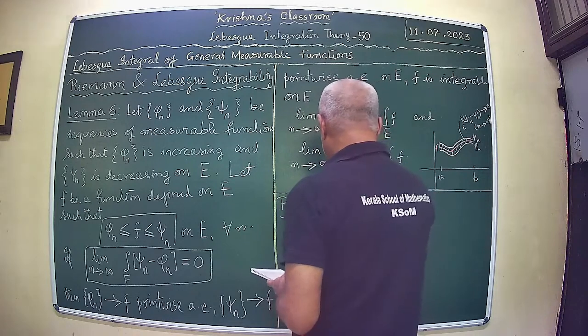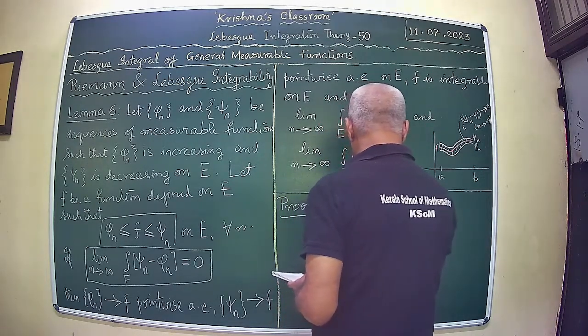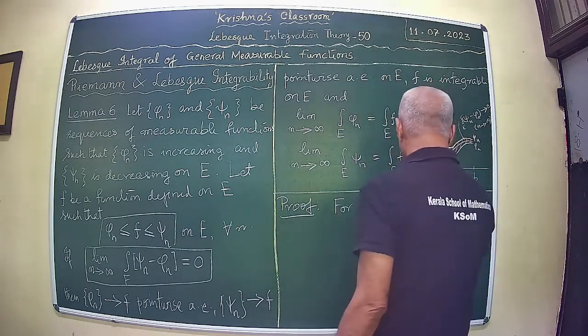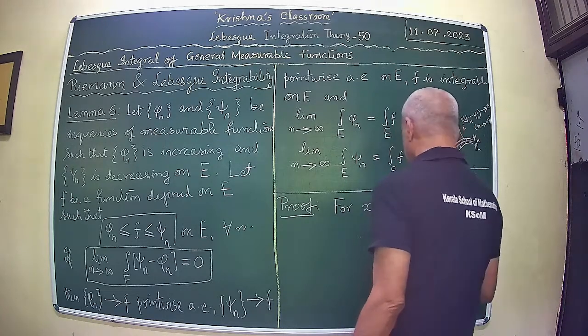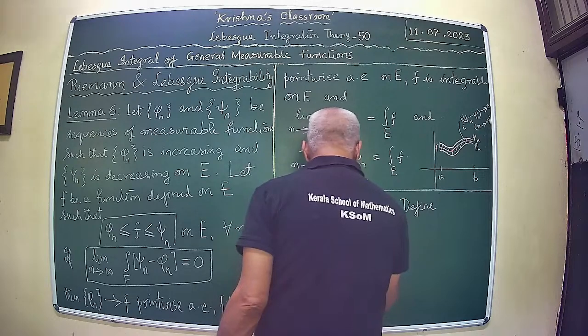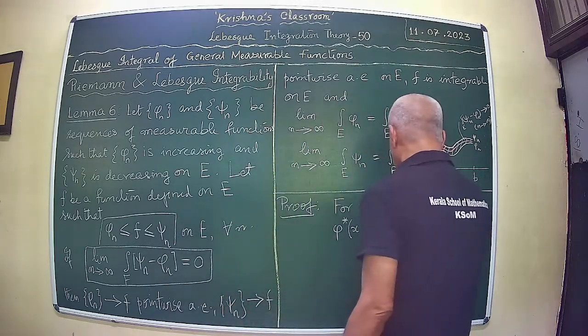So you take an x belonging to E, and we will define phi star, a new function, equal to the limit n tending to infinity of phi n of x.